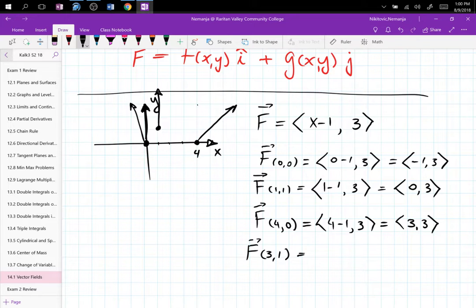That's the vector (3 minus 1, 3), so 3 minus 1 is 2, (2, 3). At (3, 1), we go 2 units to the right, 3 units up. So it seems that this just kind of fans out, goes up.